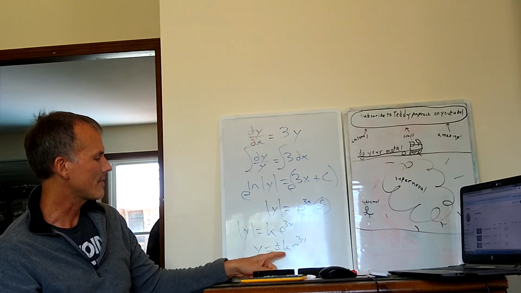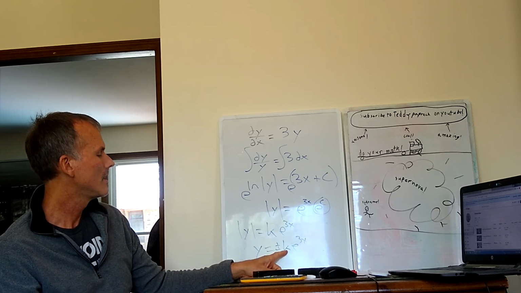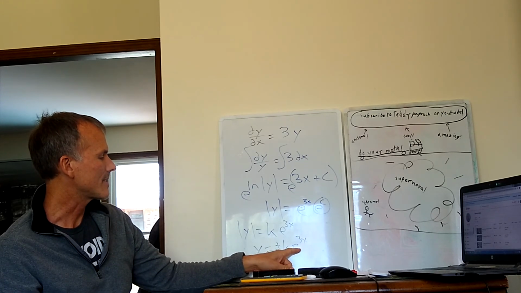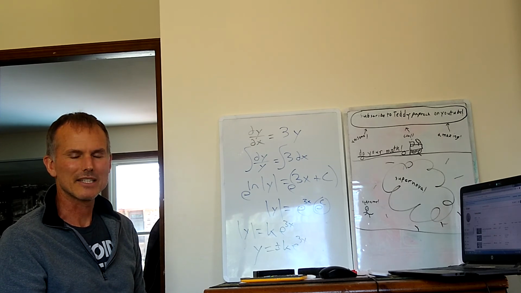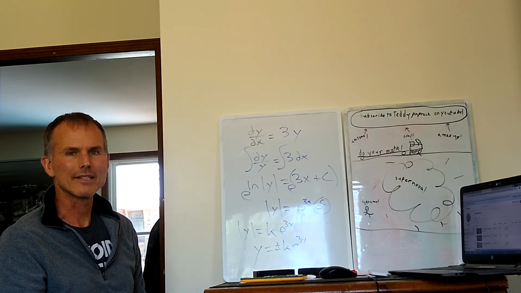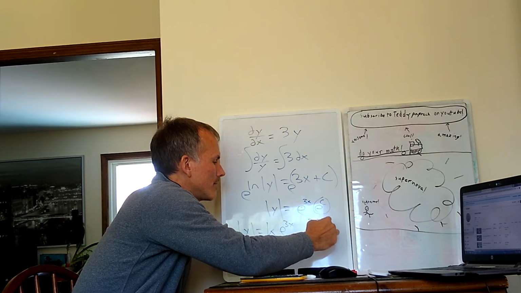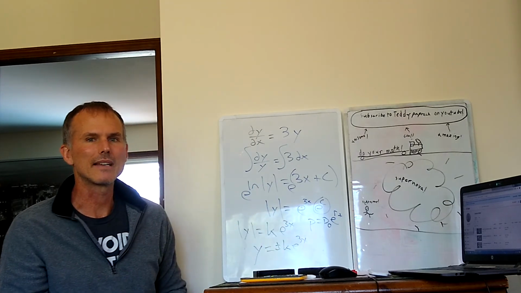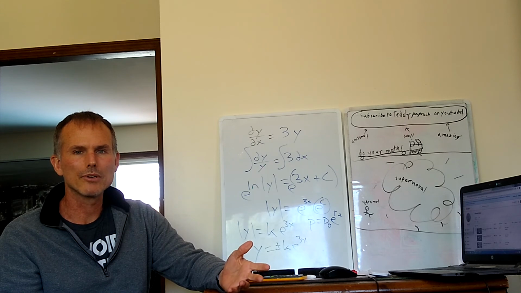If you look at this, think about where you've seen an equation in this structure before. y equals a constant times e to a constant times x. Think about the continuously compounded interest equation, P equals P naught times e to the rt. It's the same thing.